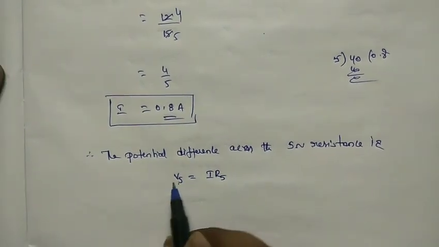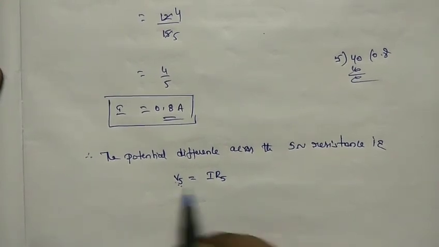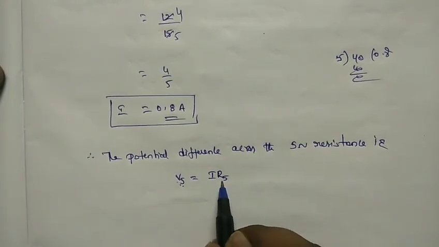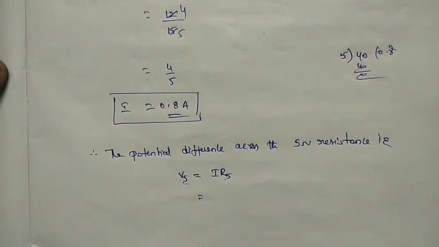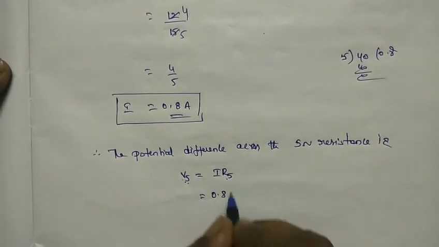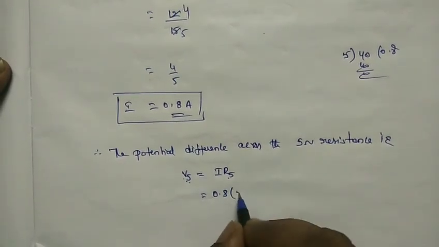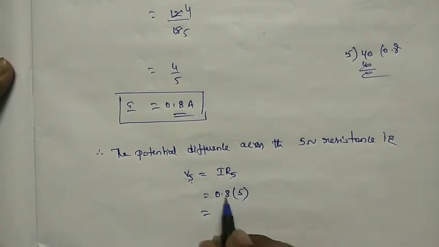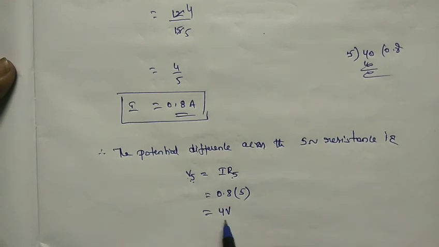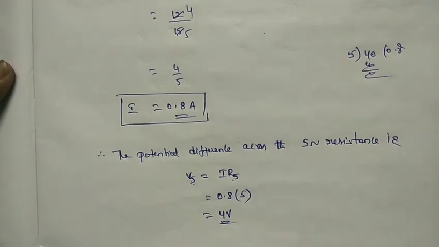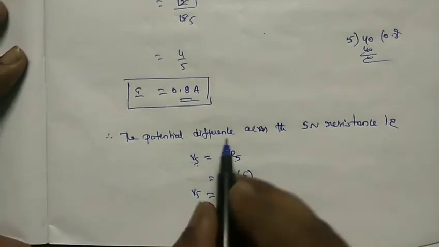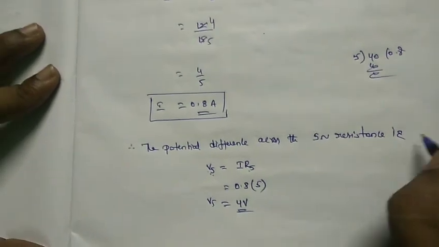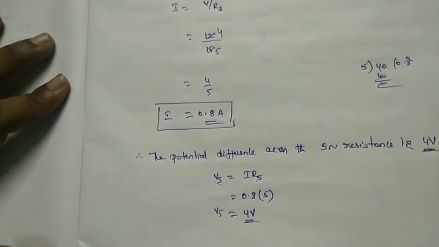Here V5 means the potential difference across the 5 ohm resistance and R5 means the 5 ohm resistance. The common current is I only. So 0.8 times 5 is how much? 5 times 8 is 40, so that means 4 volts. So the potential difference across the 5 ohm resistance is 4 volts.